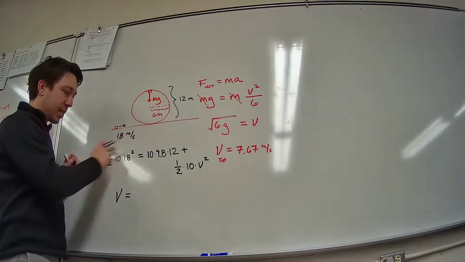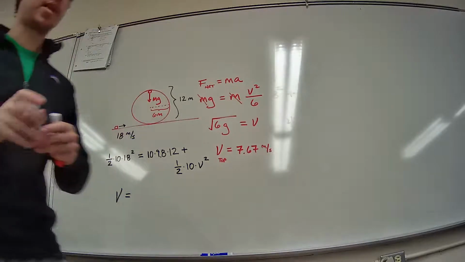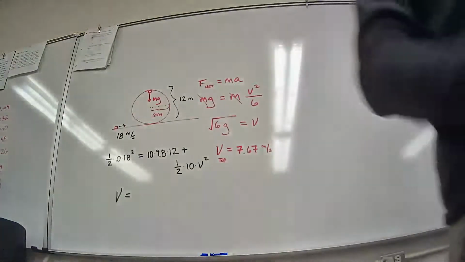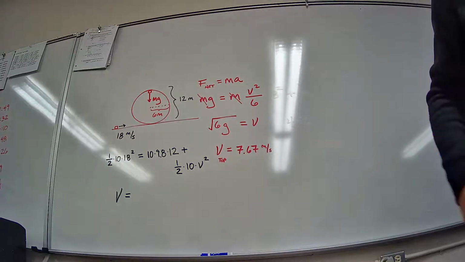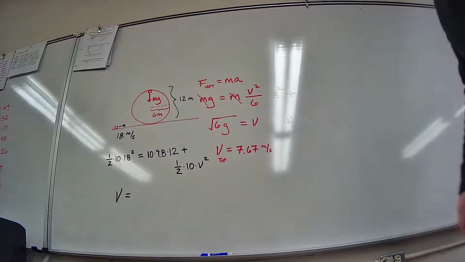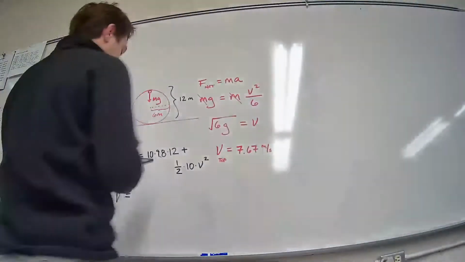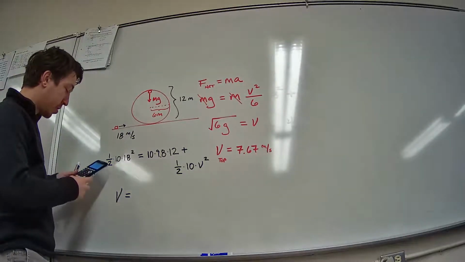So this side, you just calculate that. You subtract that away. Test your calculator kung fu there. I'm going to type this in, so 5 times 18 squared.